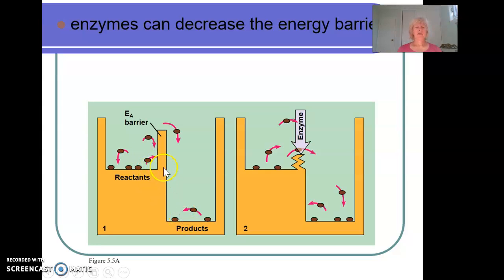However, for this reaction to start, these molecules need to get over an energy barrier. They need to be activated, and this means that this reaction does not occur spontaneously. What the enzyme does is it lowers this energy barrier, so it makes it easier for the reaction to happen.